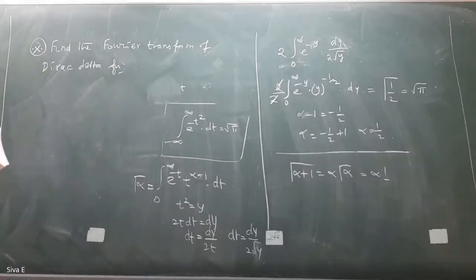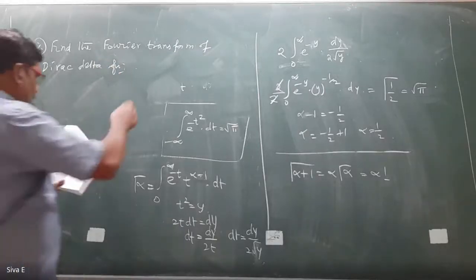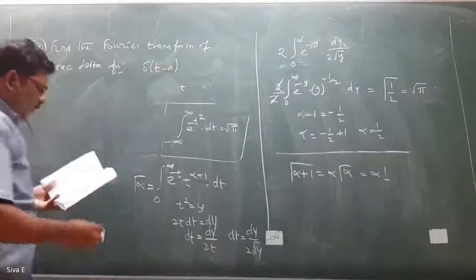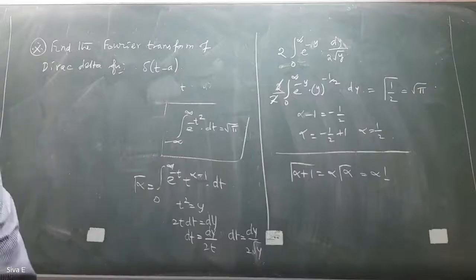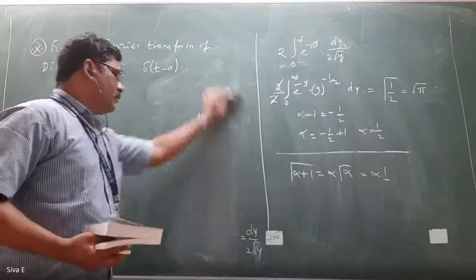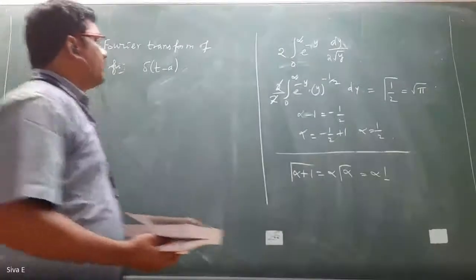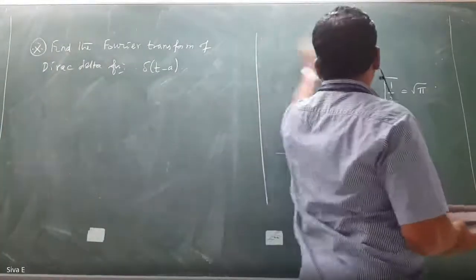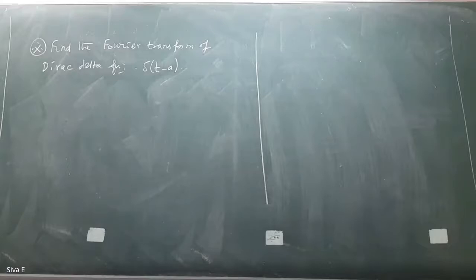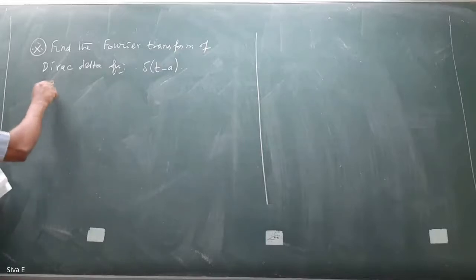Find the Fourier transform of the Dirac delta function delta of t minus a. Write the solution for this.